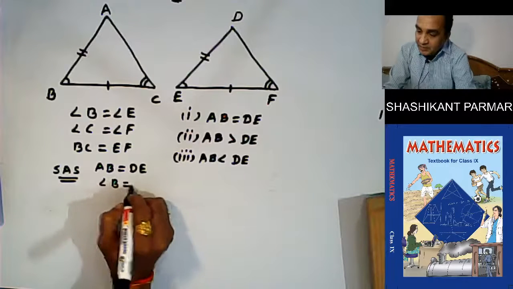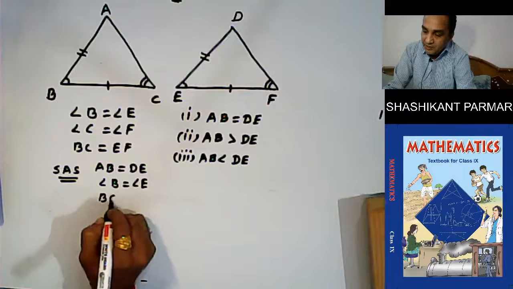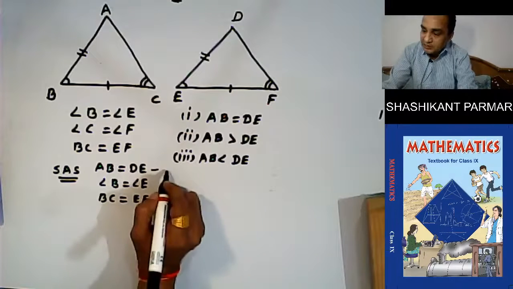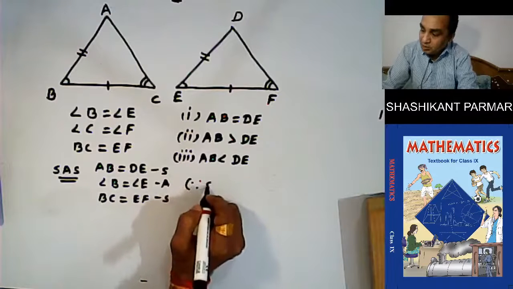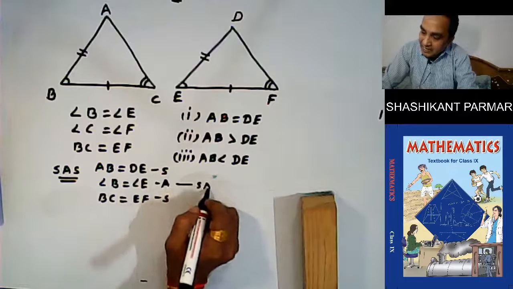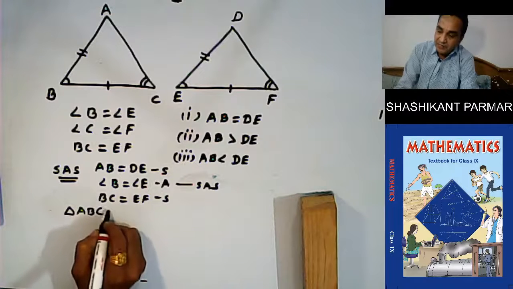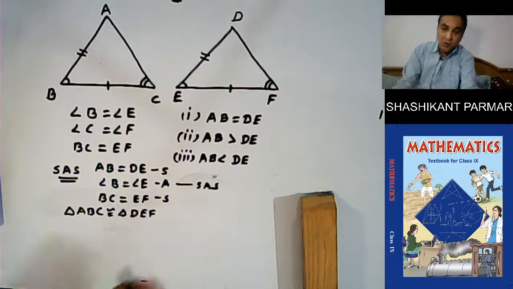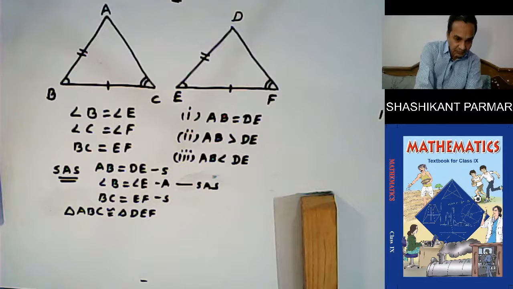Angle B is equal to angle E is given, and BC is equal to EF is given. So what happened? This is side, this is angle, this is side. So because of the side angle side rule, we can say that triangle ABC and triangle DEF are congruent. Side angle side rule, see here.